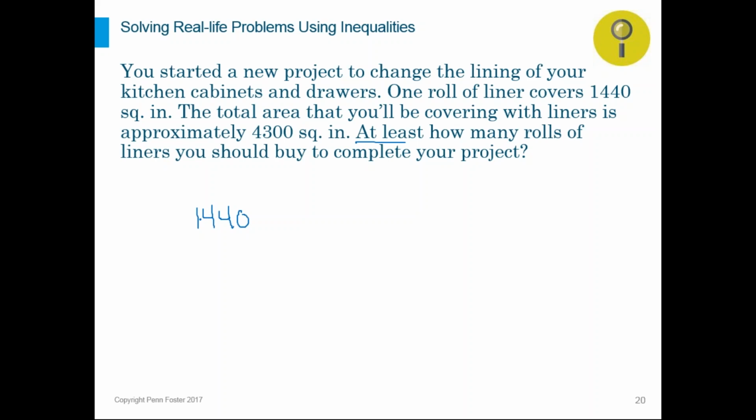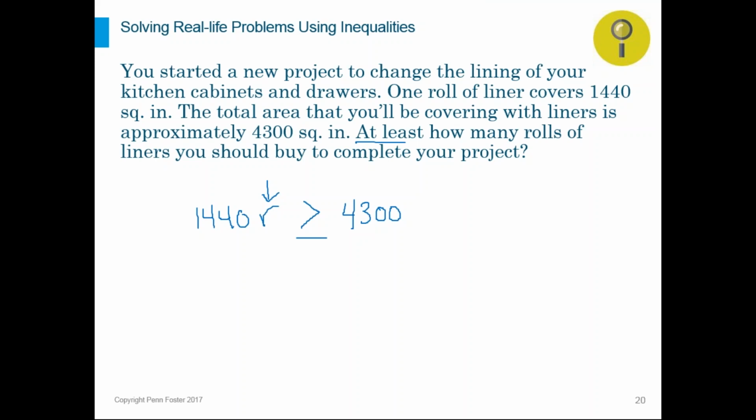So 1,440 times R, the number of the rolls, should be greater than or equal to the area that you have calculated and measured in your cabinets and drawer. It should cover, or you may have leftovers. It's okay. So greater than or equal to the actual area that you are trying to cover. Does it make sense?